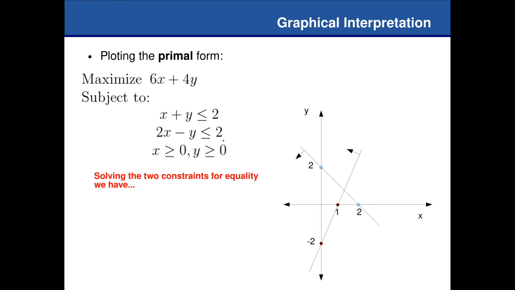The second constraint is here. Try to solve it for the equality equals 2, for x equals 0, and for y equals 0, separately. You will obtain this point 1, 0, and this point 0, minus 2. And this is my second constraint.